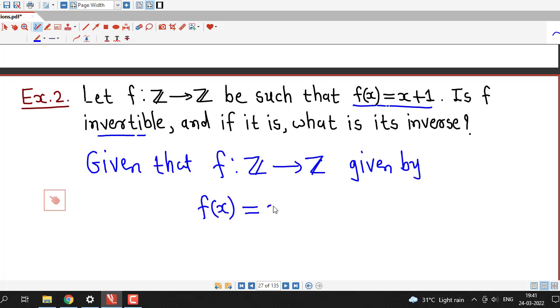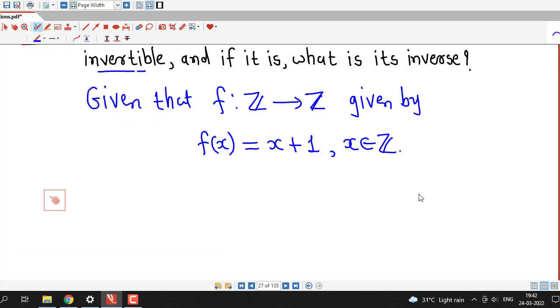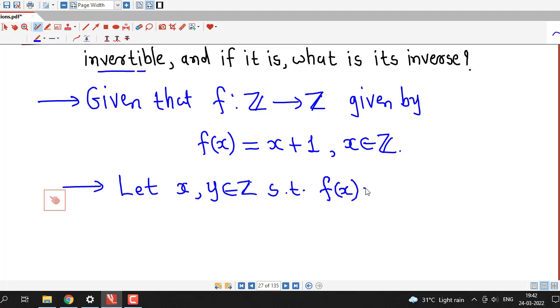Image of x is x plus 1 under function f. x is an integer. So first we check whether this is 1-1 or not. So we know that if f(x) equal to f(y) implies x equal to y, then f is 1-1. So for that we consider two elements x, y in the domain such that f(x) and f(y) are equal.